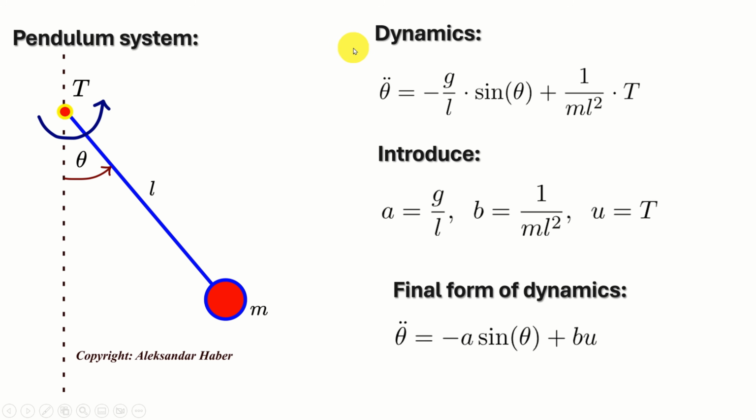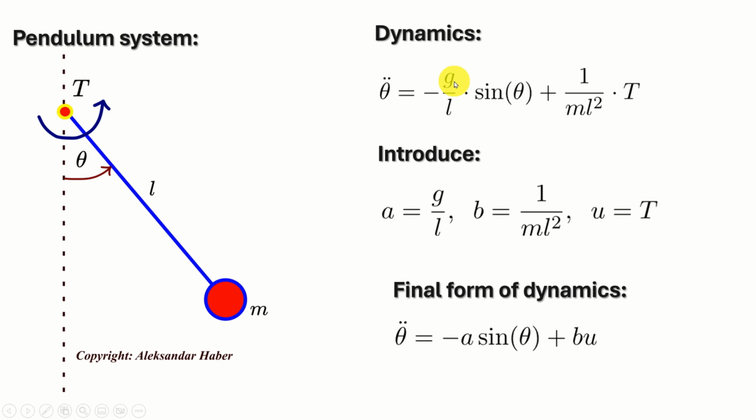If we write Newton's second law, we will obtain an ordinary differential equation describing the dynamics of this system. And after several manipulations, the dynamics is described by this equation. In this equation, theta double dot is the second derivative of theta with respect to time.